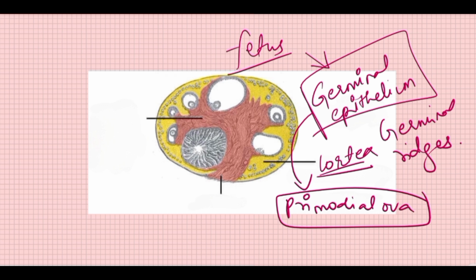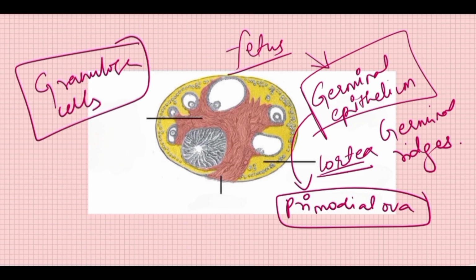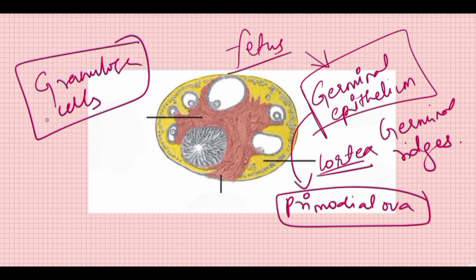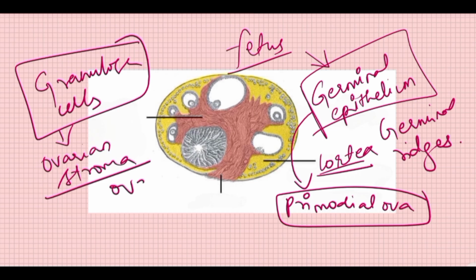On the other hand, a layer of spindle-shaped granulosa cells from the ovarian stroma surrounds the ova.